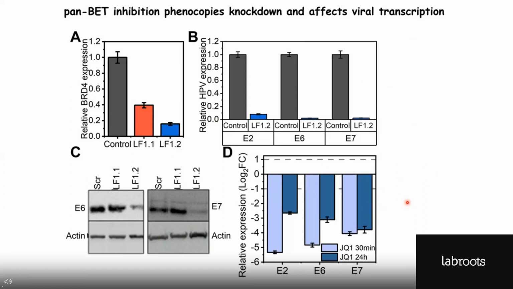This result led us to the idea that we should understand the overall transcriptome of these cells, as to what the differences are, and whether BRD4 actually controls E6, E7, and the viral genome as well.